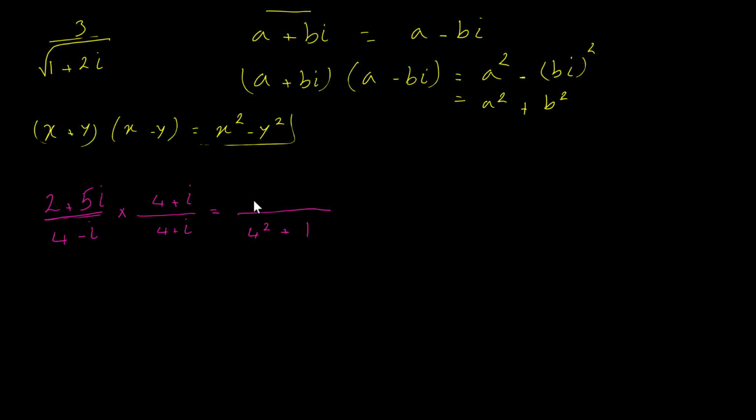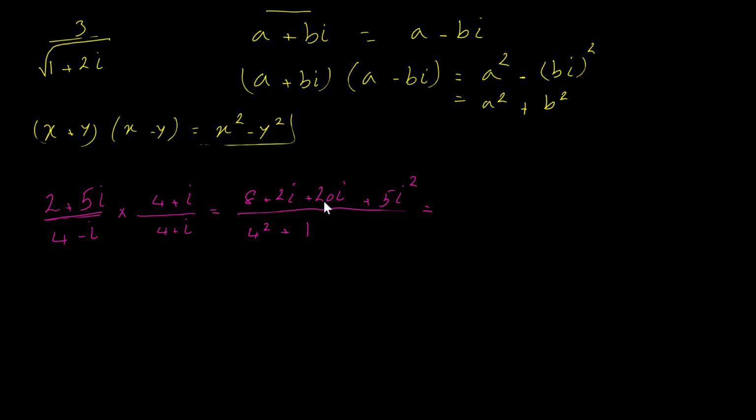So 2 by 4 is 8, plus 2 multiplied by i, 2i, plus 5i by 4, 20i, and then 5i by i, plus 5i squared. So that's what we get.